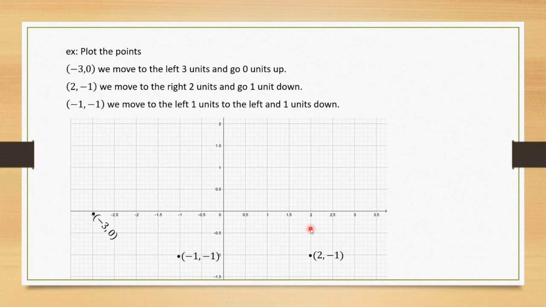Here you're going to go down 1 unit because the y-coordinate is negative. And finally, for (-1, -1), you're going to go to the left 1 unit. You locate -1 on the x-axis. You go down a unit because the y-coordinate is negative. Hopefully that's not too terrible.